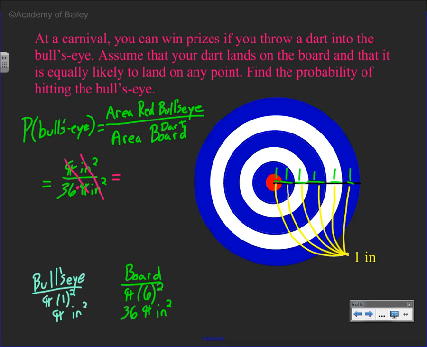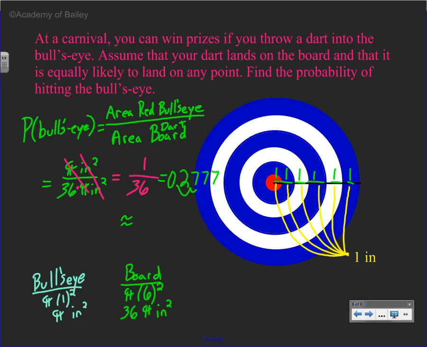So what do we have left on top? Well, you might think there's nothing up there, but there's always a 1. Remember, there was the invisible 1 in front of pi, and on bottom, 36. So the probability of hitting a bullseye is 1 out of 36, and the approximation for that as a decimal, 0.2777.